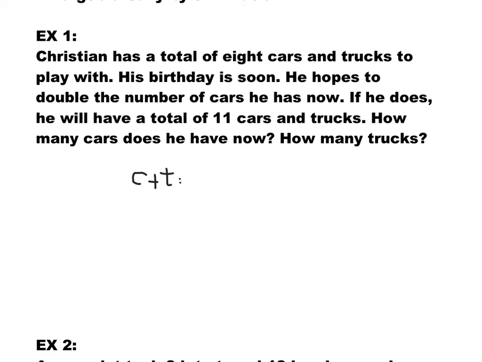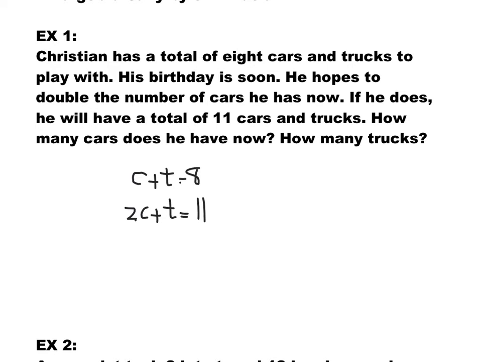So C plus T at the moment is 8. Now the problem says if he doubles the number of cars, meaning the next time after his birthday he has 2C, but the same number of trucks, he is going to have 11. Now we have to find C and T.